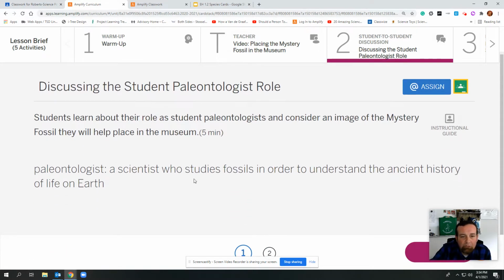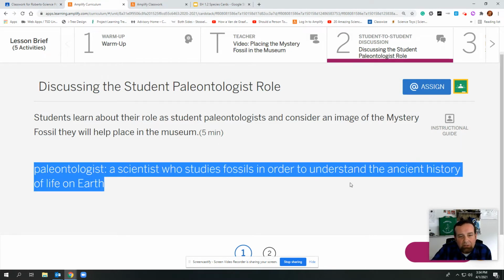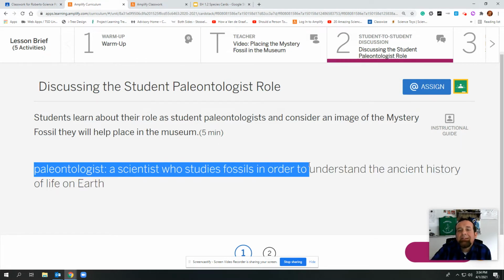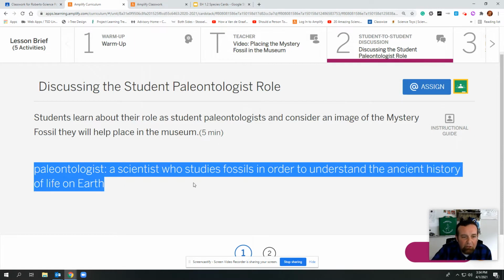So part 2. We need to understand what a paleontologist is and how paleontologists operate within our scientific body of knowledge. So, a paleontologist is a scientist who studies fossils in order to understand the ancient history of life on Earth.